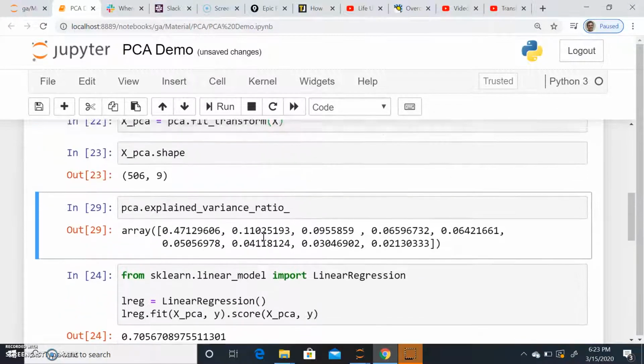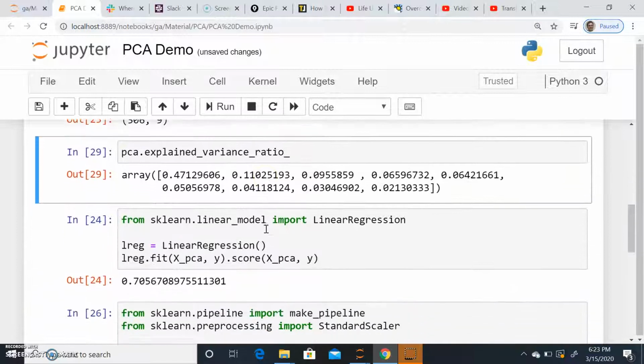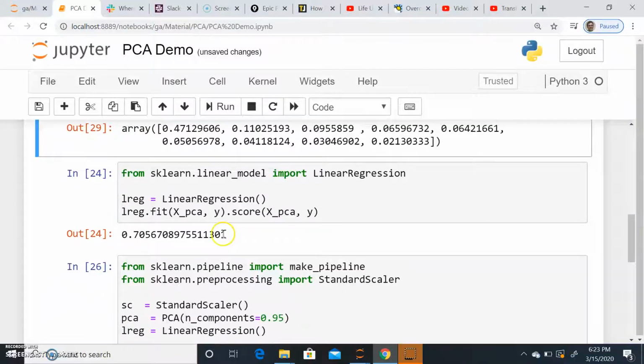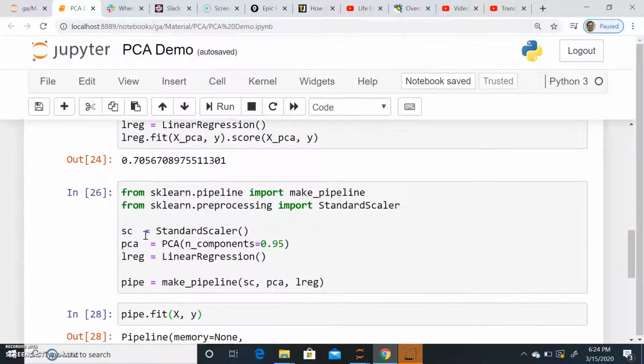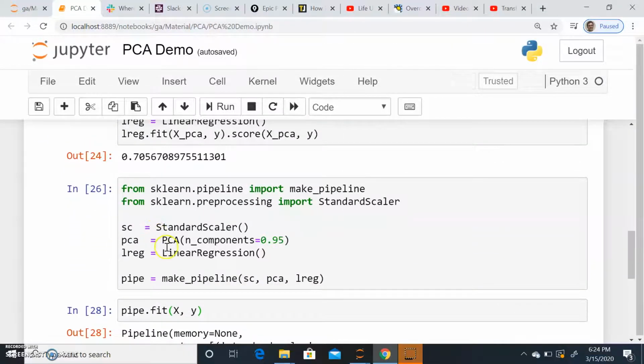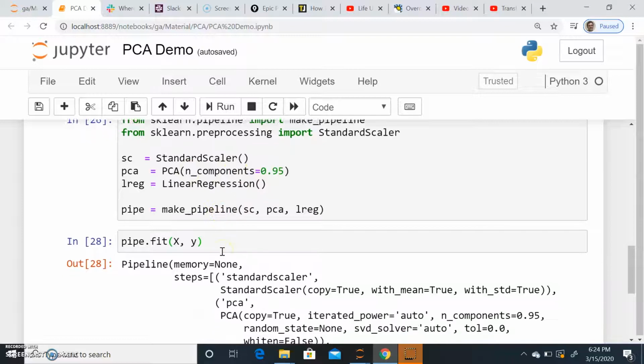So if you say PCA with a number of components that explains 95% of the variance, the corresponding result on your model will correspond almost exactly to 95% of the original R squared value that you had, almost exactly. And because it uses the transformer API, you can just as easily stick this into a pipeline like we did right over here.